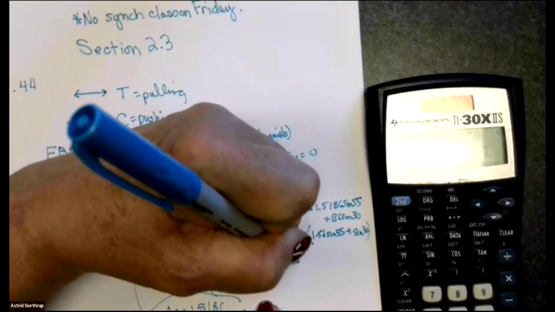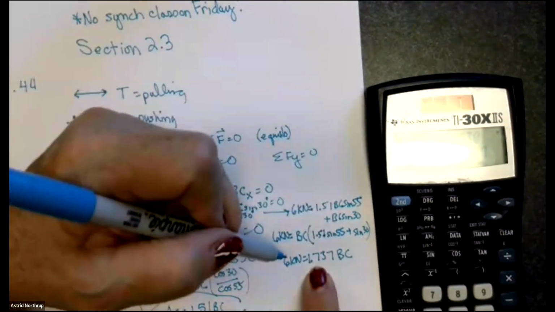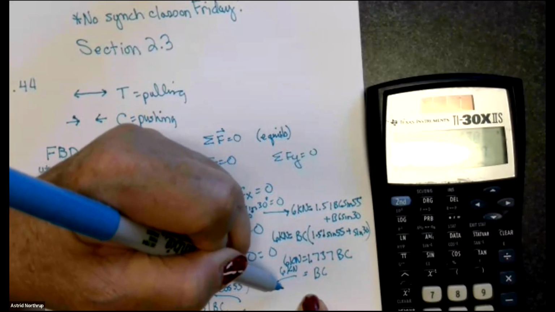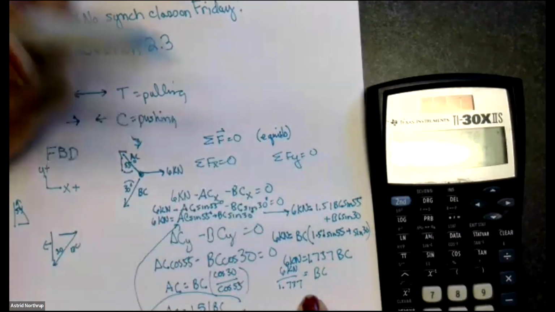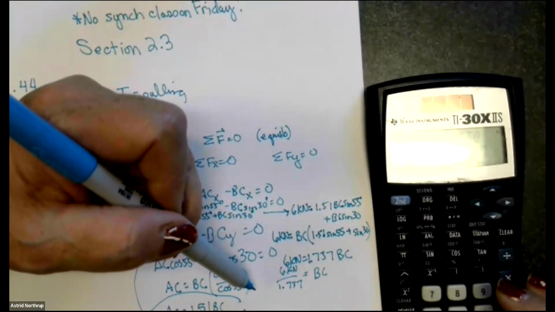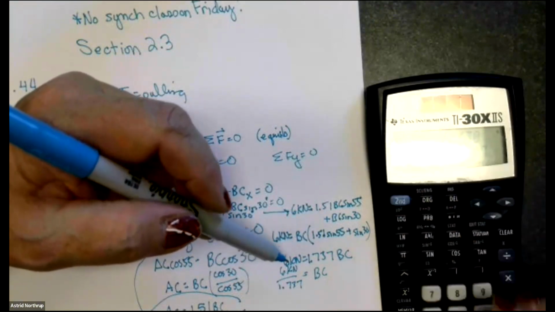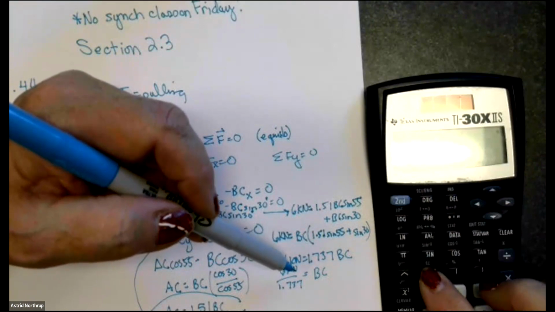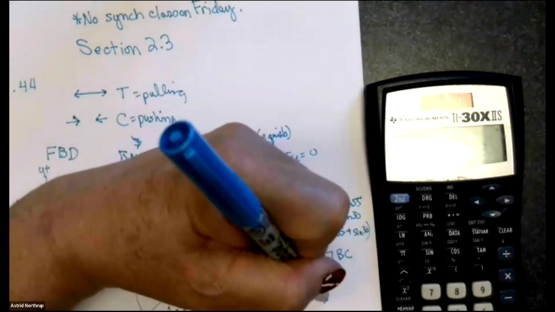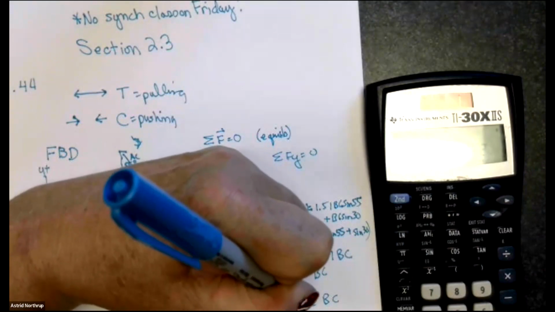So I get 6 kilonewtons equals 1.737 times BC, or I can then say BC is equal to 6 kilonewtons divided by 1.737. So if I take the reciprocal of this, we just want the reciprocal, and multiply it by 6 kilonewtons. And I get BC is equal to around 3.5 kilonewtons.